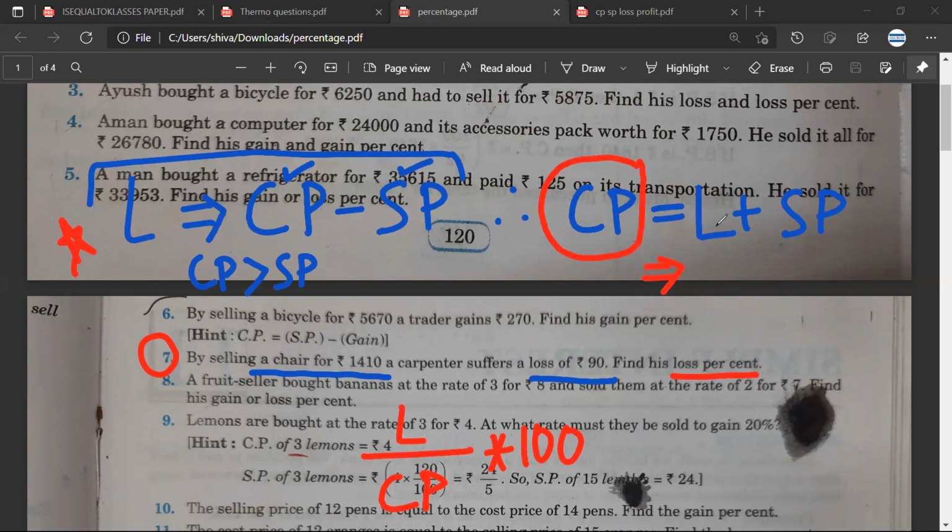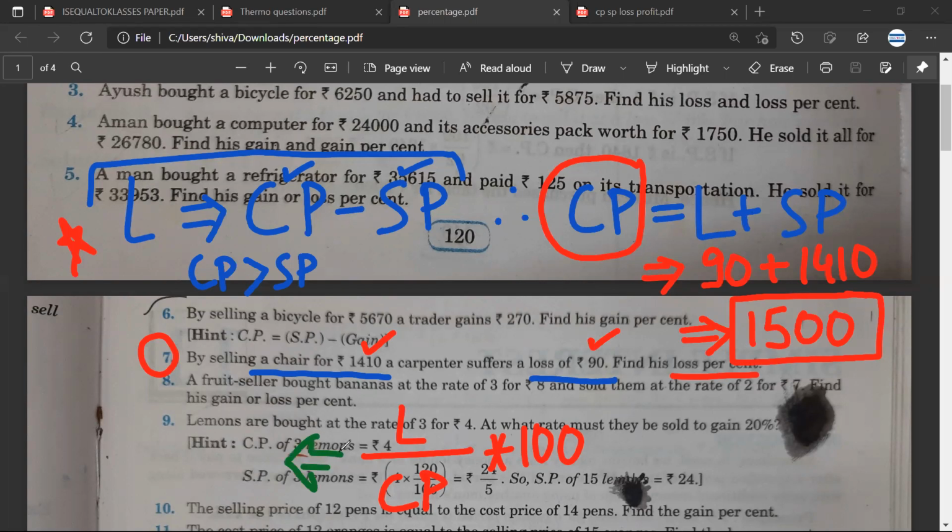So the cost price would be loss plus selling price. What is my loss? My loss is 90 rupees. What is my selling price? Selling price is 1410. Therefore, my cost price is 1500. Mr. Aryaman, is it correct? Yeah.